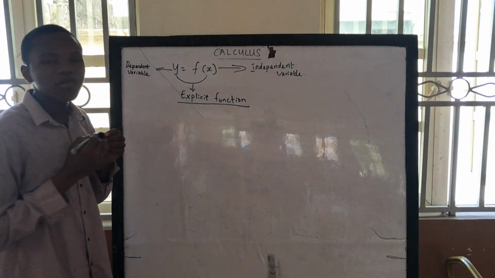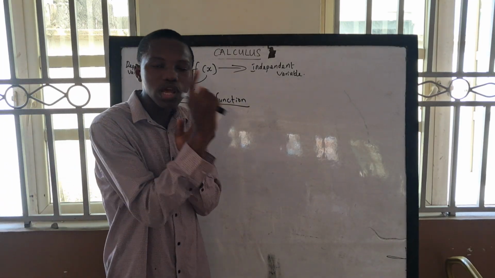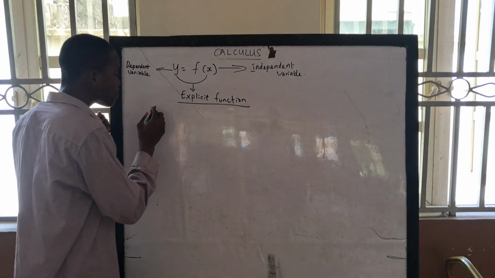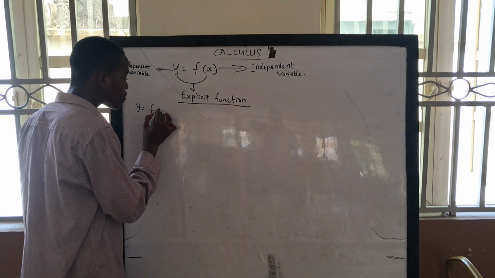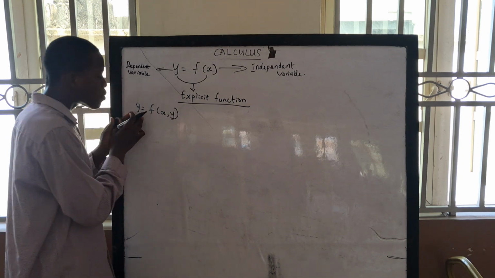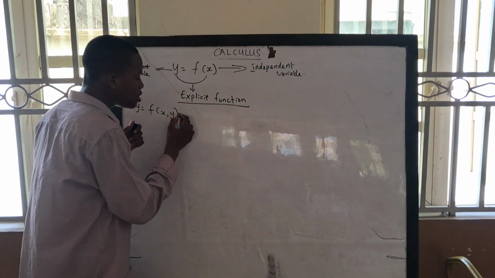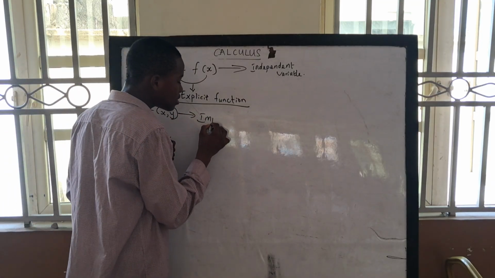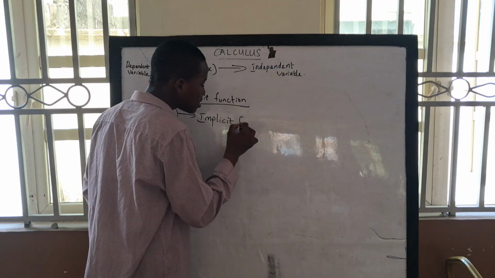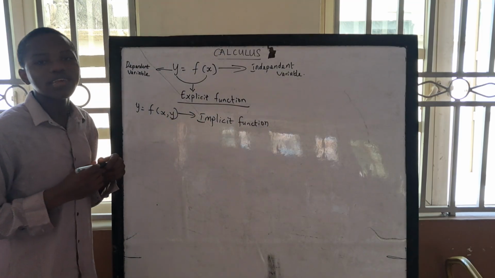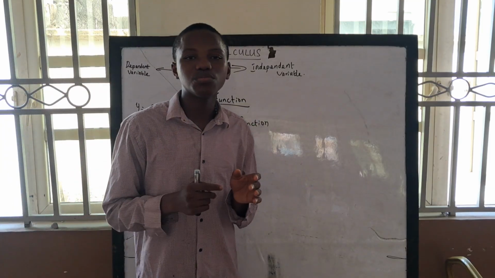It depends on only one variable, only a single variable. But if I now say implicit function, if I have something like this, y is a function of x and y, that means my y depends on x and y. If you have a function in terms of x and y, this is your implicit function. So implicit function in the sense that it depends on more than one variable, right?